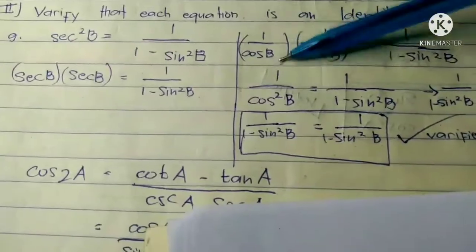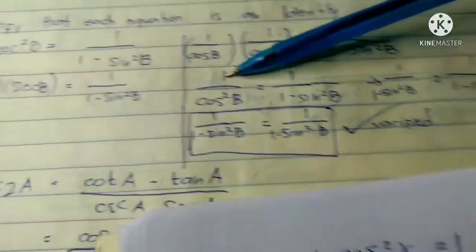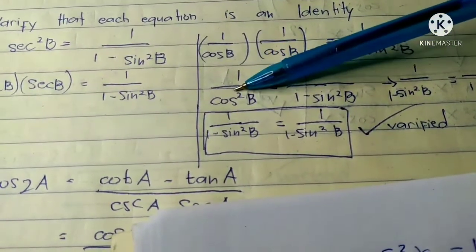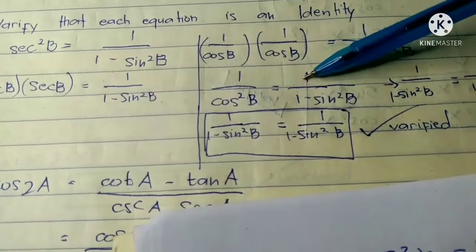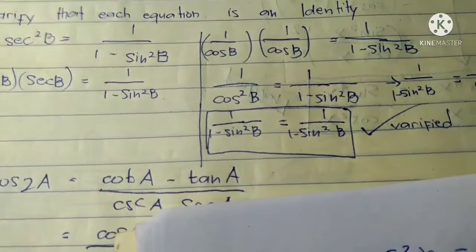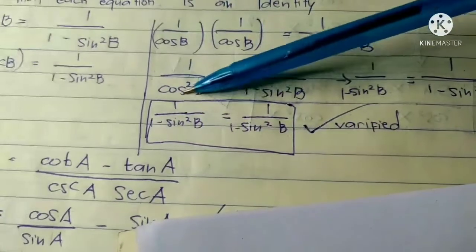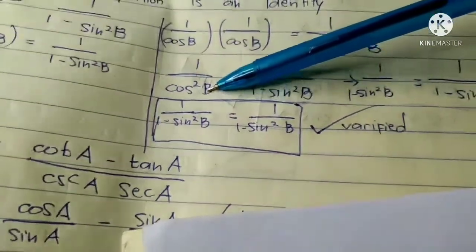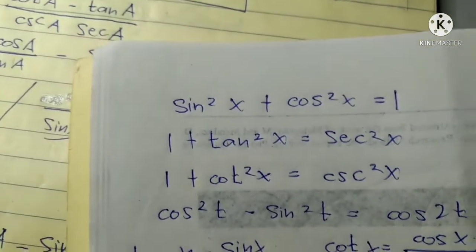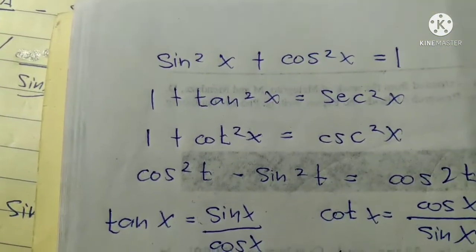Then if we combine, we will get 1 over cosine squared b equals 1 over 1 minus sine squared b. So, cosine squared b, as you can see here, this one.